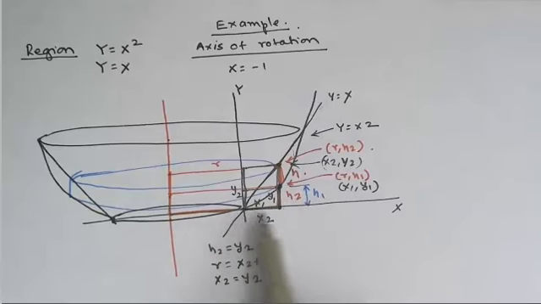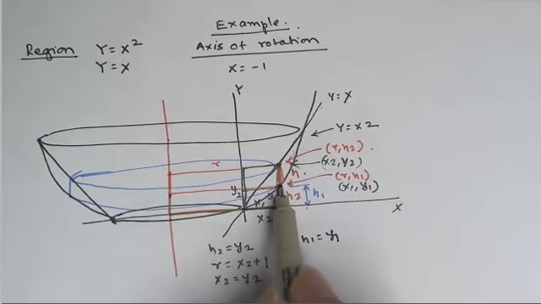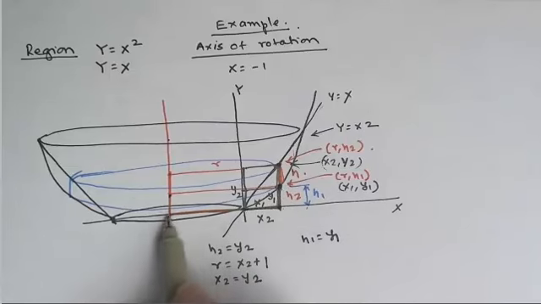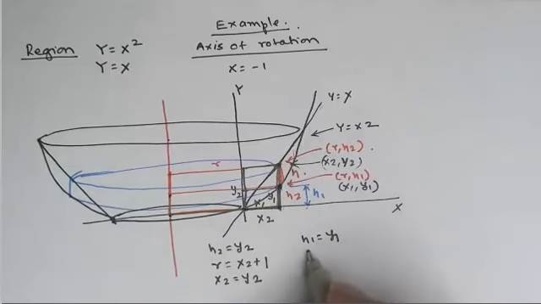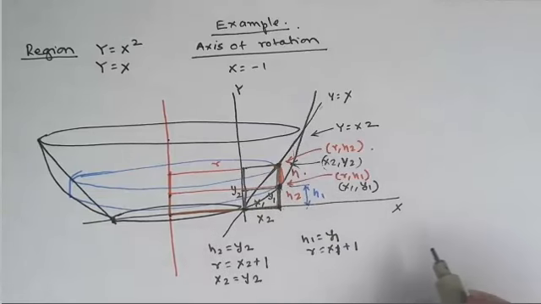So let's see. y1 is the same as h1, so h1 equals y1. r is again x1 plus 1, because now we're doing the smaller rectangle.